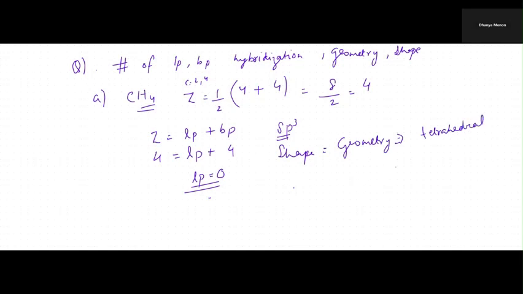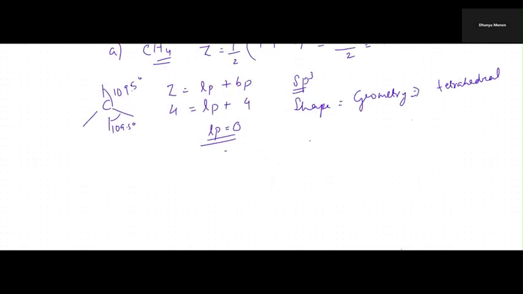Okay, and when you draw, the bond angles are all equal. Similarly, second one, if I'm asking for ammonia, third one, I'm asking for water.